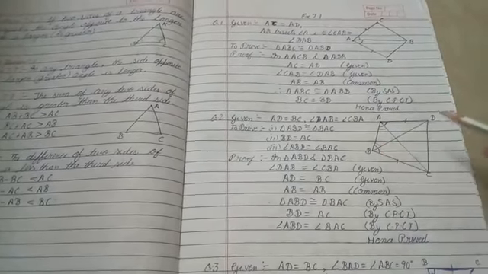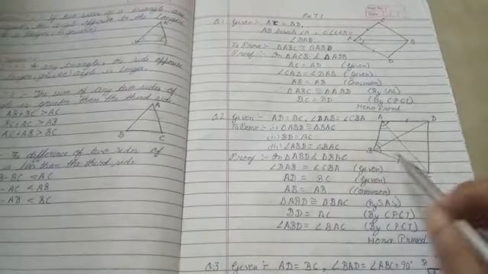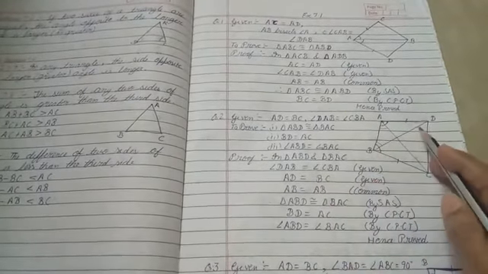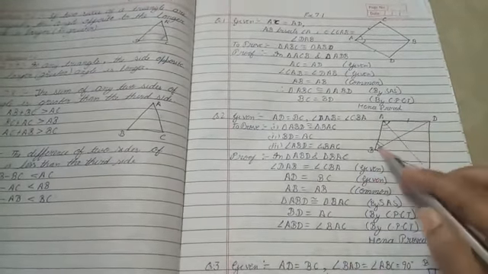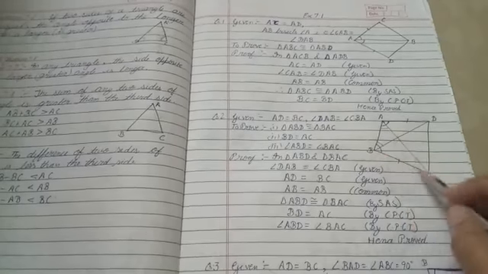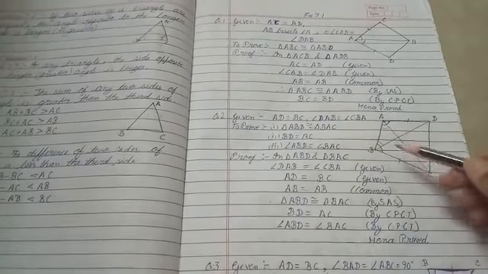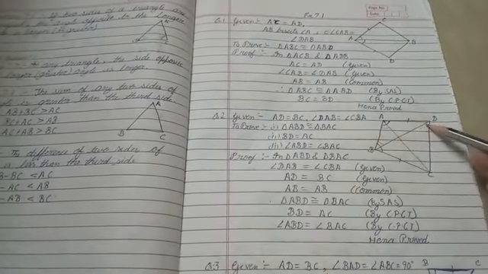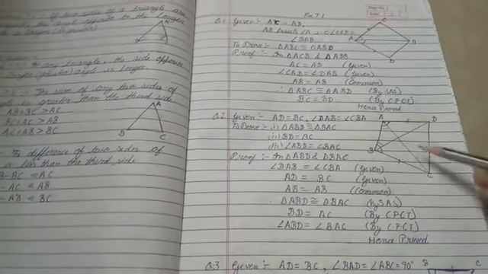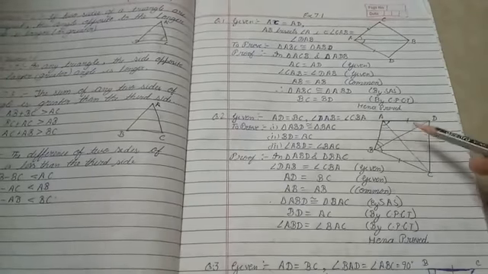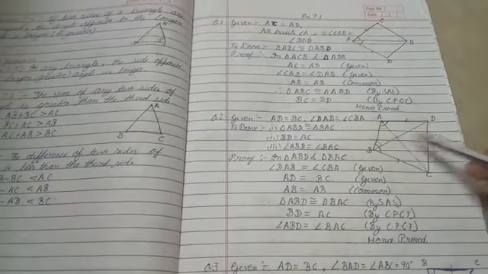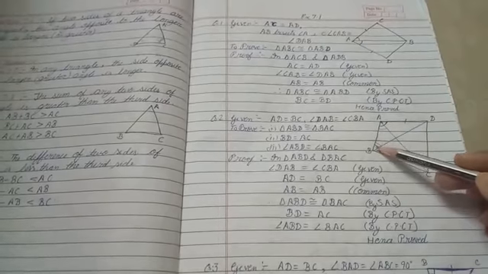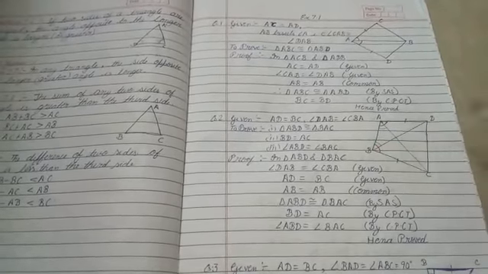Now we have to prove that triangle ABD is congruent to triangle BAC. After that we have to prove that BD is equal to AC, and also that angle ABD is equal to angle BAC.